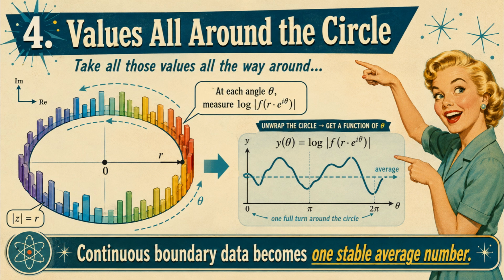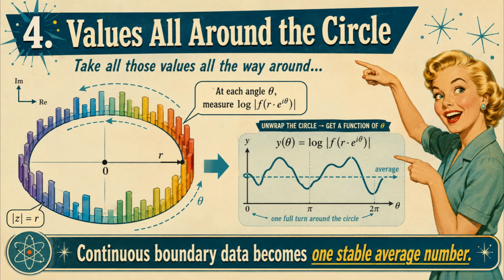Now imagine walking around the boundary circle. At every angle, you stop and measure the size of the function. Do not worry about the exact complex notation yet. The important idea is this: each angle gives one boundary point, and each boundary point gives one measurement.